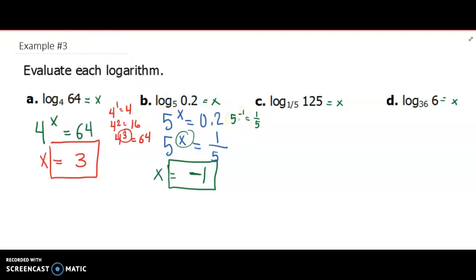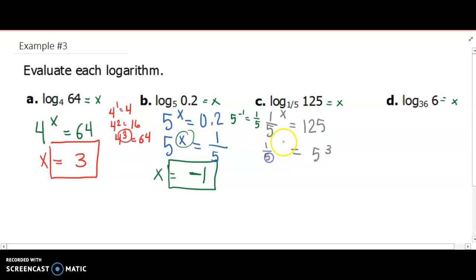All right, let's look at C. If I rewrite this as an exponential function, I would have 1/5 to the x equals 125. Now I immediately can see that it's going to be a negative exponent because I want my denominator to come up to the numerator. Well, 125 is 5 to the third.